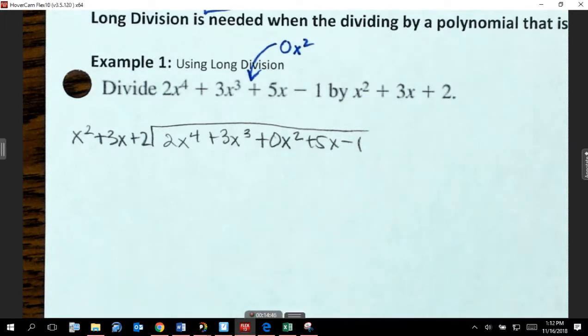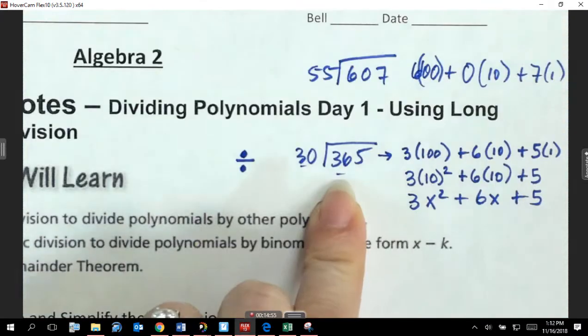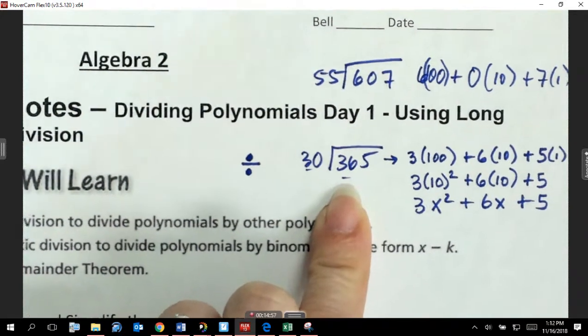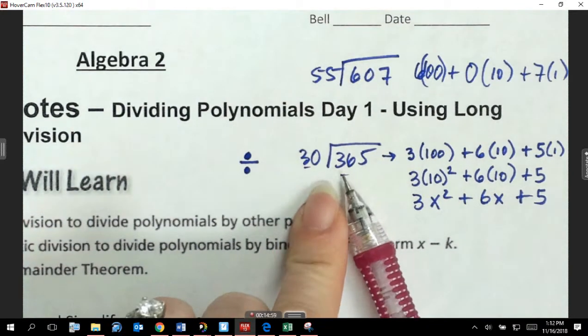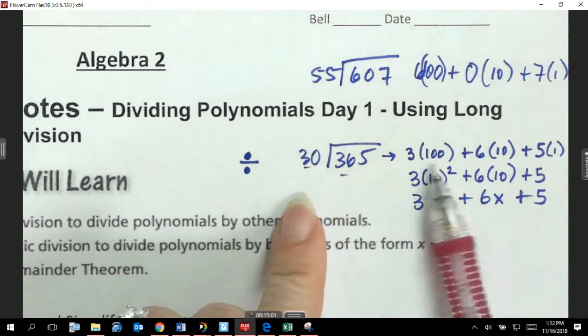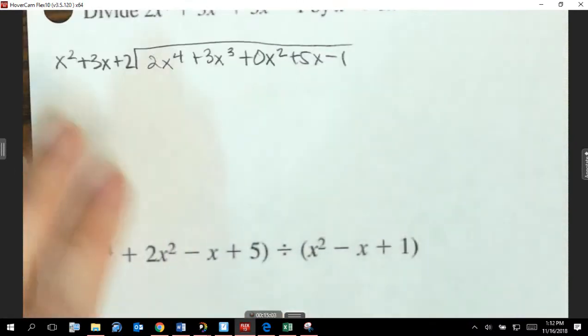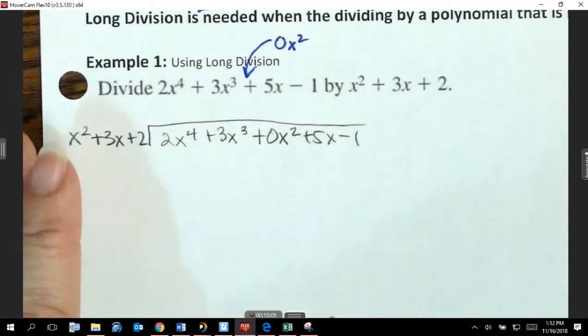And then I say, what's our first step? Divide. Okay, so just like when we had that 365 divided by 30, I only took the 30 into the 36. I didn't take it into the whole thing. So we're going to do the same thing here. We're not going to take everything divided.